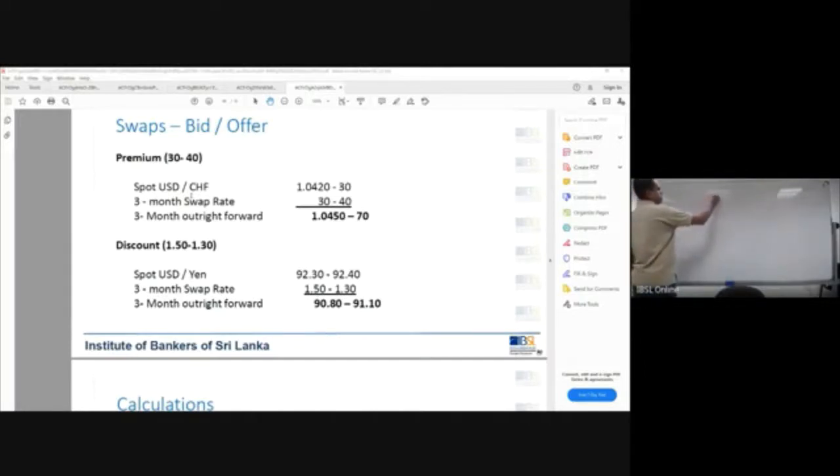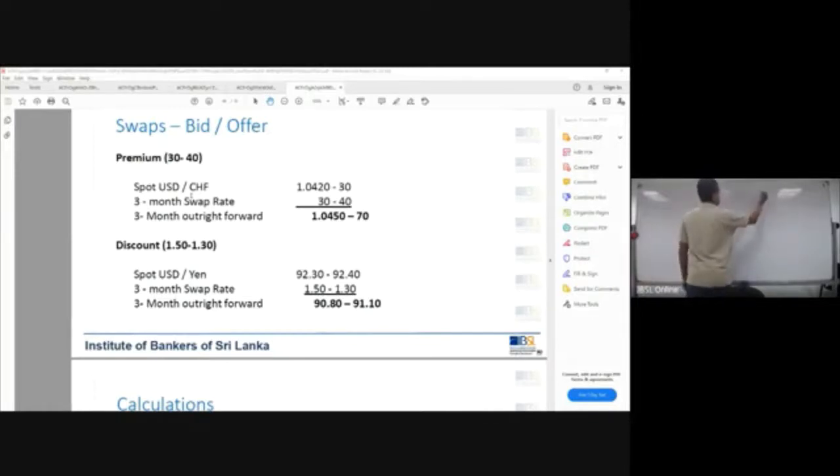Swiss franc given as 1.0420, 30, 3-month swap point 30 40. It will help if you write this as an expanded rate.